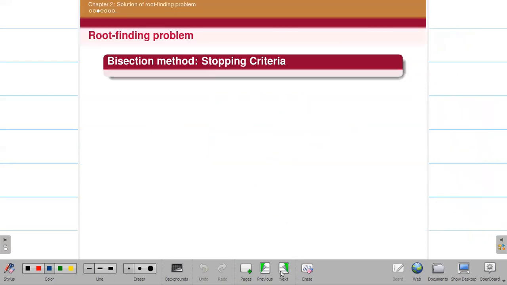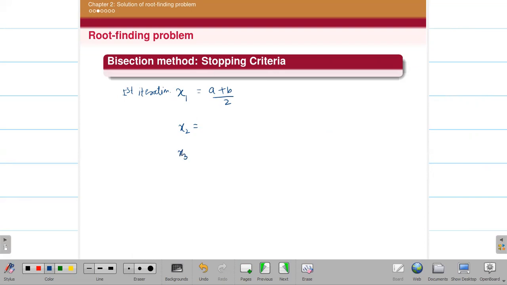So we need to stop. By using the bisection method, suppose I got x1, the first iteration, given by (a plus b) by 2. Then I find x2 by taking either a x1 or x1 b.